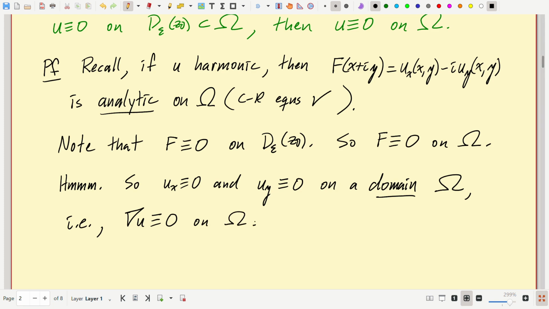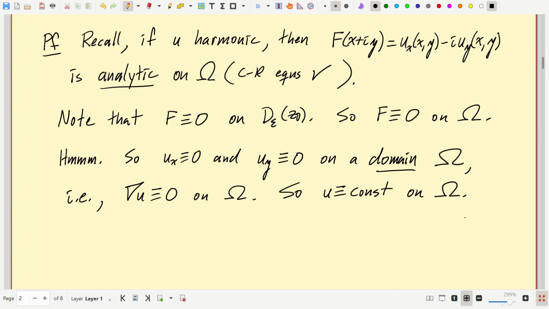And so there was a result we had. I got it by zigzagging along curves and using connectivity, that if the gradient of U is identically 0 on a domain, then U is constant. So I don't know it's 0 yet, but I know it's constant. How do I know it's 0 now? Anybody?